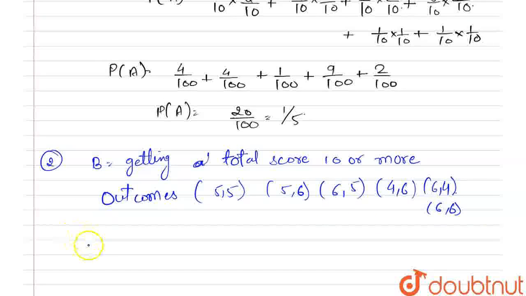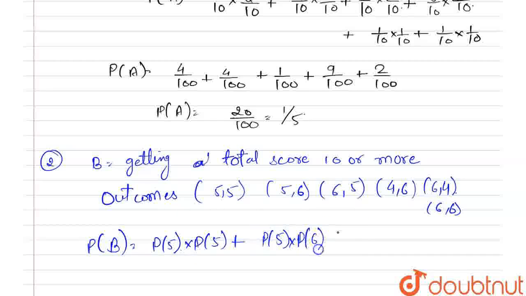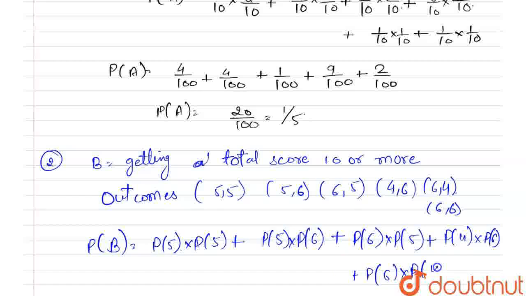Now probability of B equals probability of 5 two times, plus probability of 5 into probability of 6, plus probability of 6 into probability of 5, plus probability of 4 into probability of 6, plus probability of 6 into probability of 4, plus probability of 6 into probability of 6.